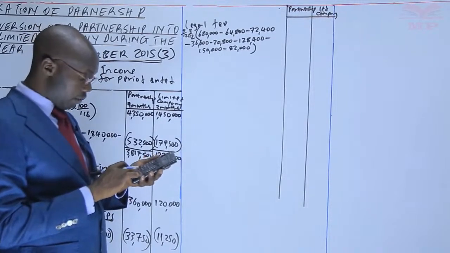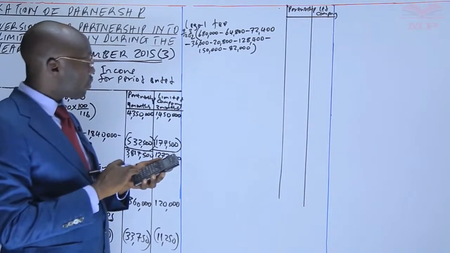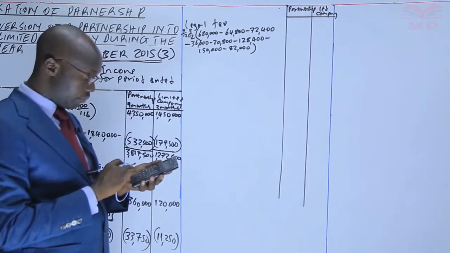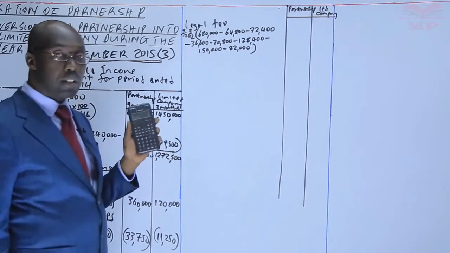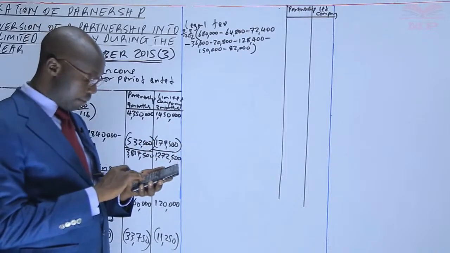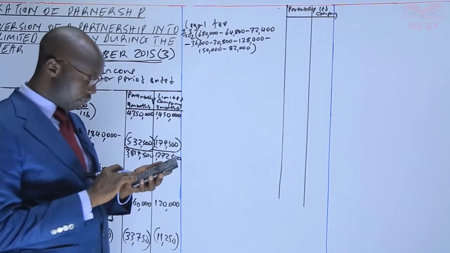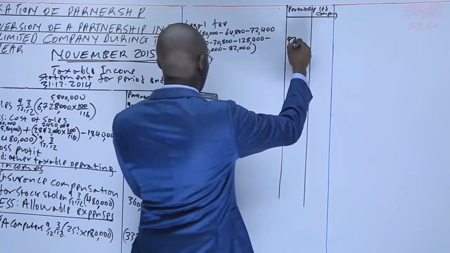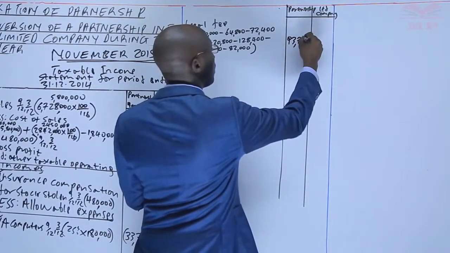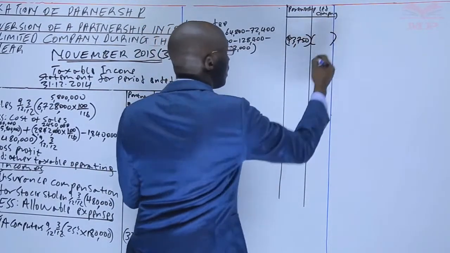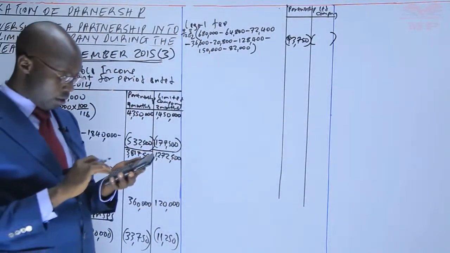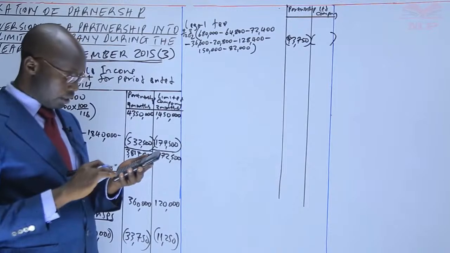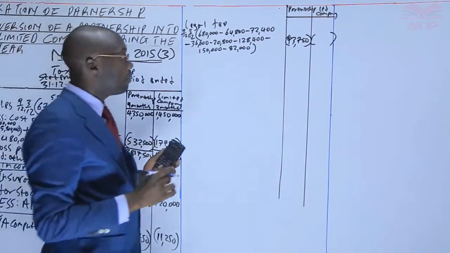And then we minus 150,000, and then we minus 82,000. That gives us 125,000. Then we take times 9 divided by 12, which is 93,750. The other one we say 3 divided by 12 of 125,000. That gives us 31,250.